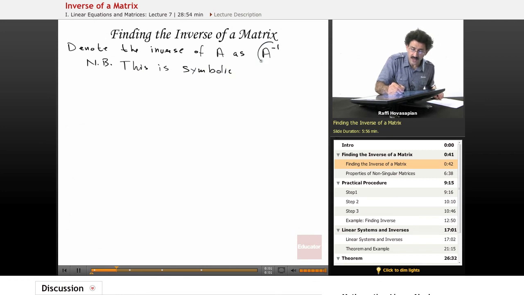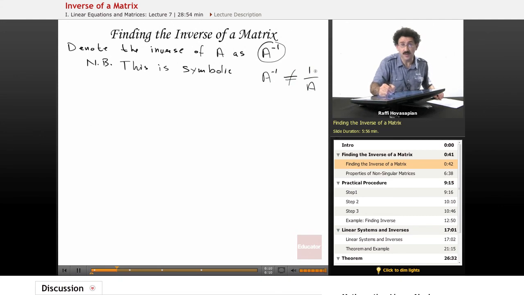This A to the -1 is a symbol. It does not mean 1 over A. This doesn't work for matrices. It's not defined. This is strictly a symbol that we use. Sure, you're used to seeing numbers like 2 to the -1, which is equivalent to 1/2. You just flip it. That's not the same here. We use the same symbolism, but it is only symbolic. It doesn't mean take 1 and divide by a matrix. Division by a matrix is not defined. It's not even something that we can deal with. But bear that in mind.